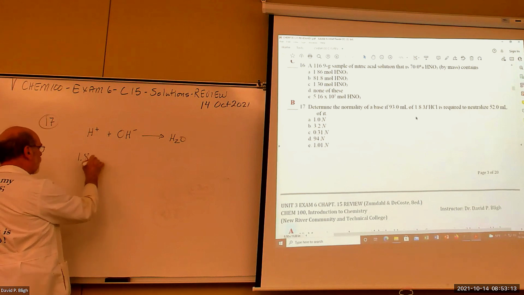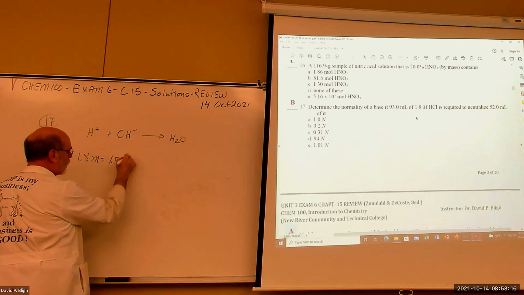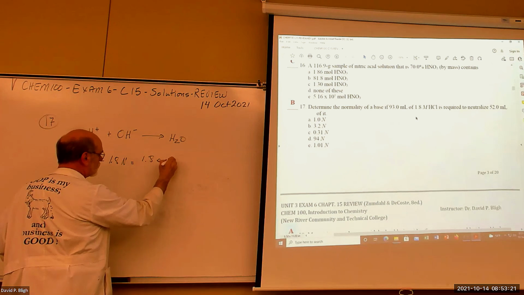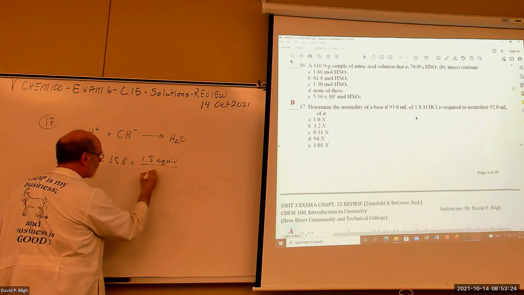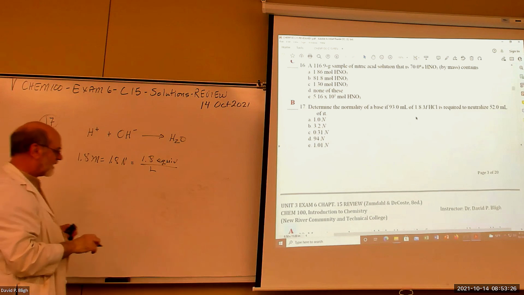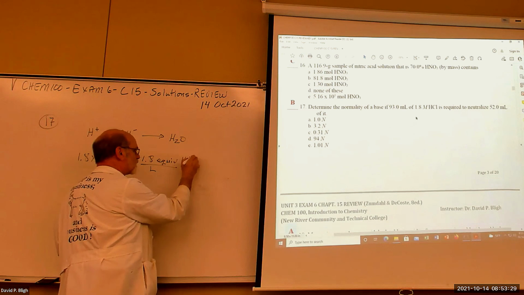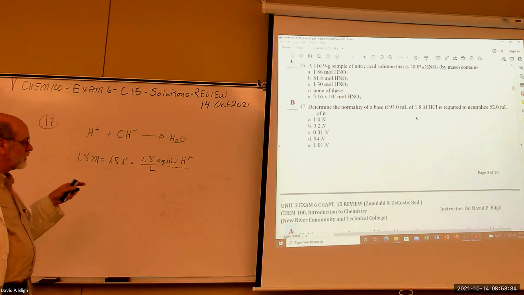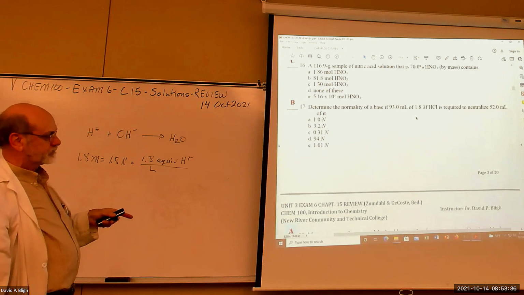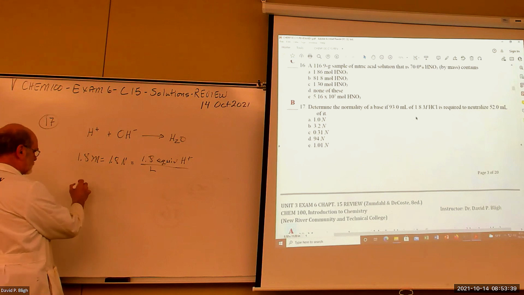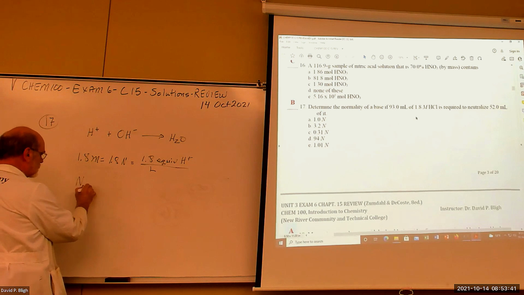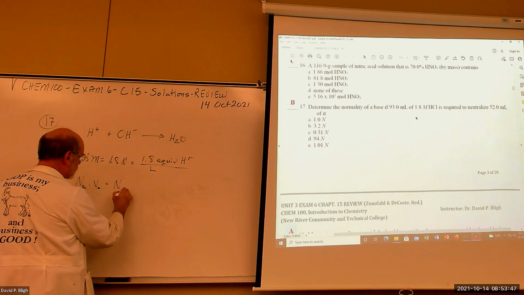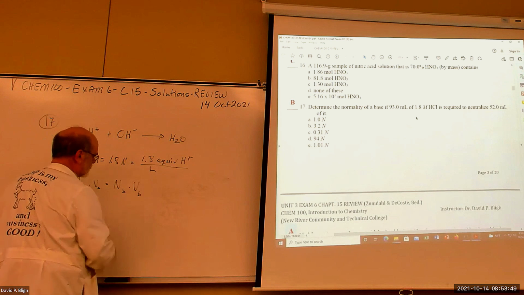So 1.8 molar equals 1.8 normal, which is equal to 1.8 equivalents per liter. And in equivalents, we're talking about hydrogen ions. So if it's 1.8 equivalents per liter, then we can use this expression: normality of the acid times the volume of the acid equals normality of the base times volume of the base.